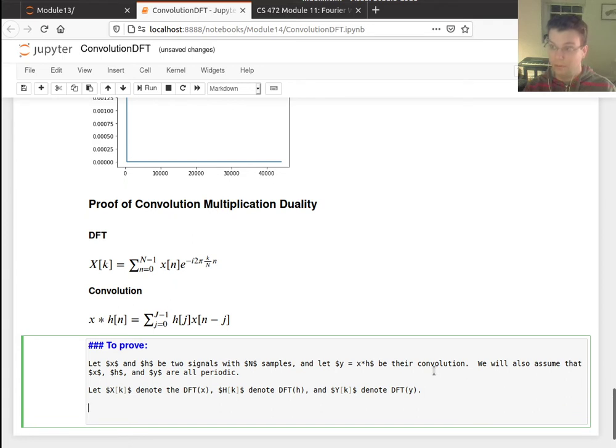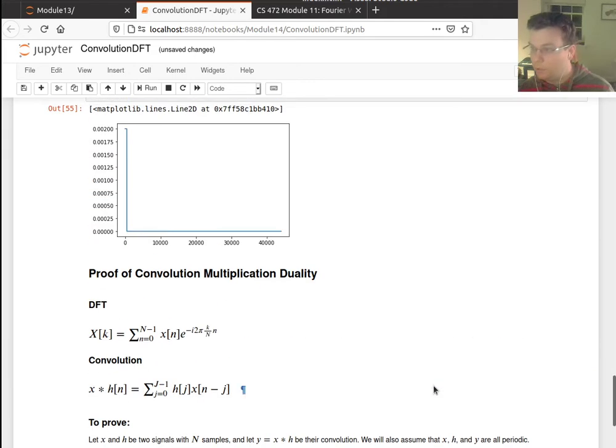Proposition: Y of k is simply X of k times H of k, where this is actually complex multiplication. So we're talking about complex DFT the whole way through.